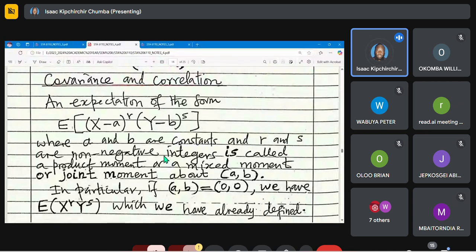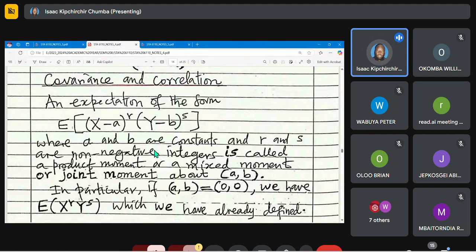We also talk about variance, which measures dispersion. But when studying two random variables, we talk about what we call covariance. For the individual, we call it variance, but with two random variables, we call it covariance. So we want to discuss covariance, and then relate it to what we call the correlation.